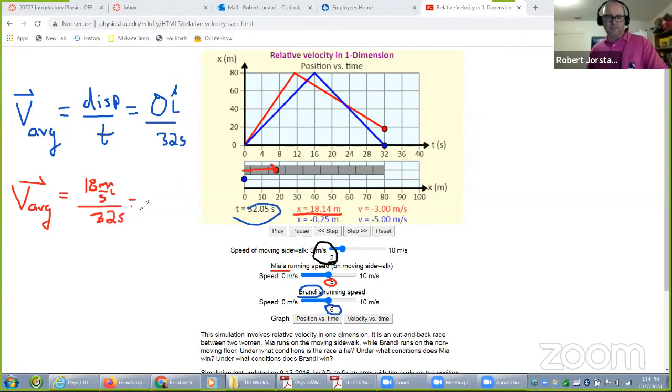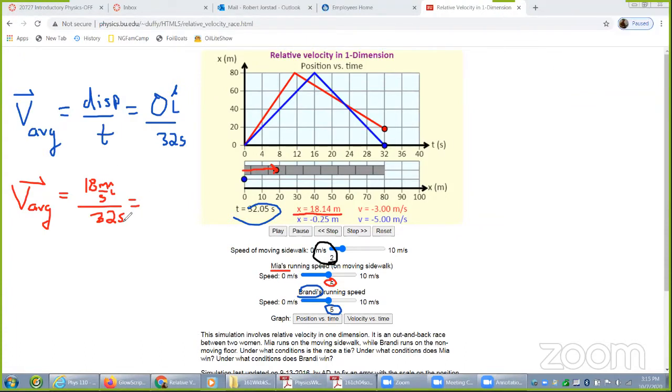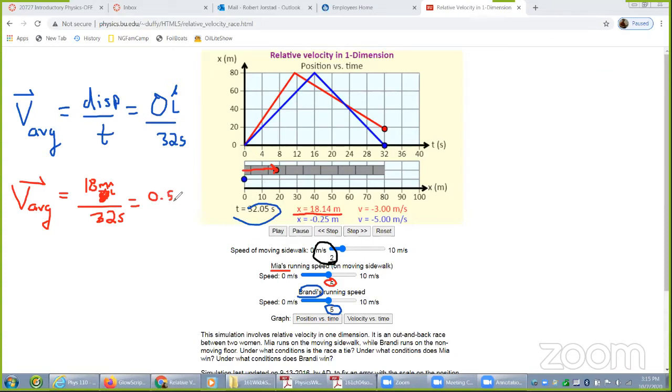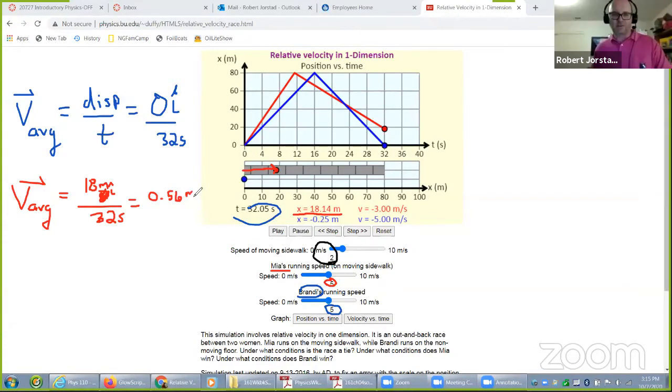And so I'm just going to punch in the numbers so we have that. It's about a half, right? So about 0.56. Just 18 meters, right? It is 18 meters. Sorry about that. Yep, you're right. 18 meters. So this is 0.56 meters per second in the I hat, because this was 18 meters, not meters per second right here.